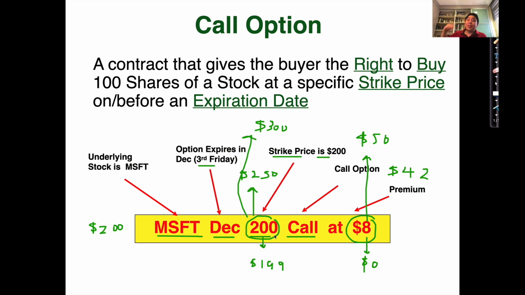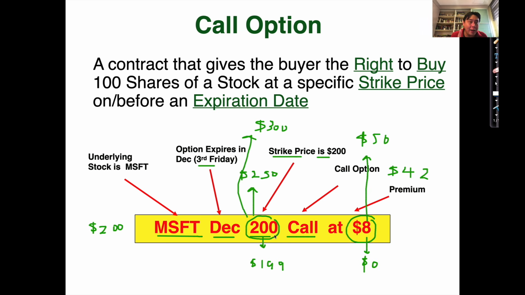But now the price is at $300, which means theoretically you could buy the shares at $200 and sell it at $300 in the market, making a potential profit of, tell me, I can hear you. That's right, making a potential profit of $100. So now again, your options are worth at least $100. So usually they're worth more because of time value, but they're worth at least $100.